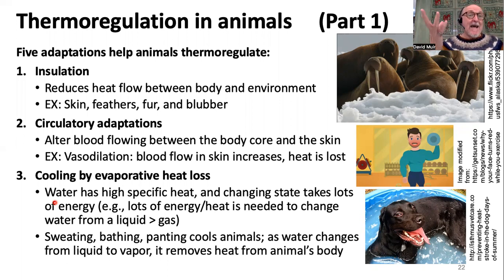And it's the liquid to gas that is of greatest interest to us. You have to put a tremendous amount of heat into water in order to get it to evaporate. And when it then evaporates, it takes that heat away with it to stay in the gaseous state. And that is the principal reason why we sweat, as I've explained before.